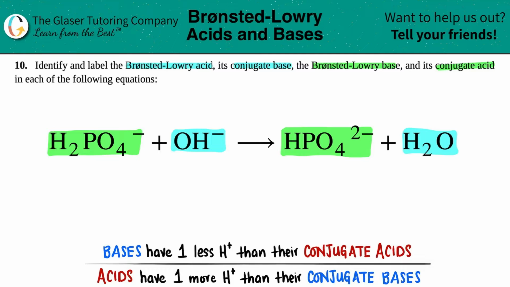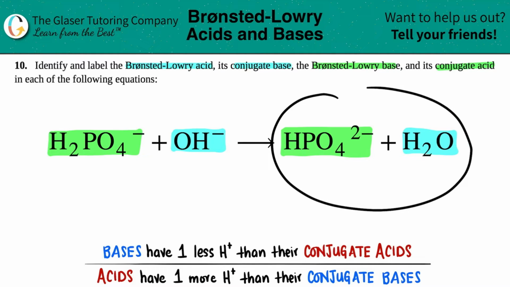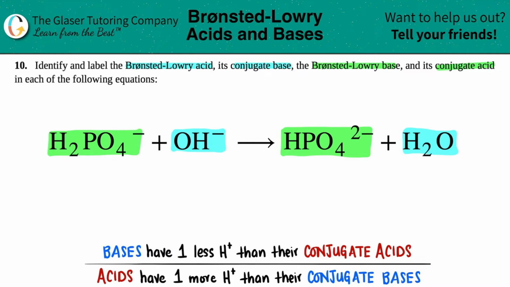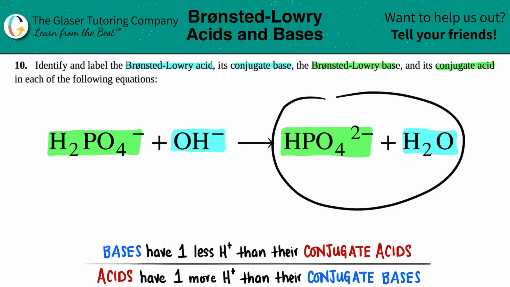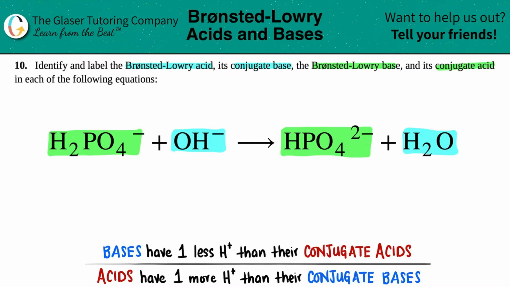The second thing we're going to do is get rid of this conjugate business, because we have to find the conjugate acid and the conjugate base. Conjugates are always going to be found on the product side. Conjugates just means what the other part of the pair is that's being produced, and you can only produce on the product side. So HPO4 2 minus would be a conjugate something.